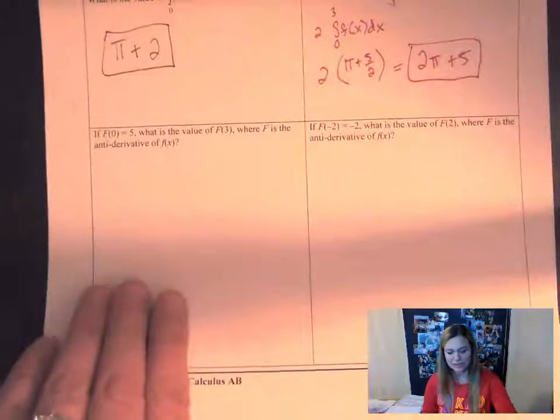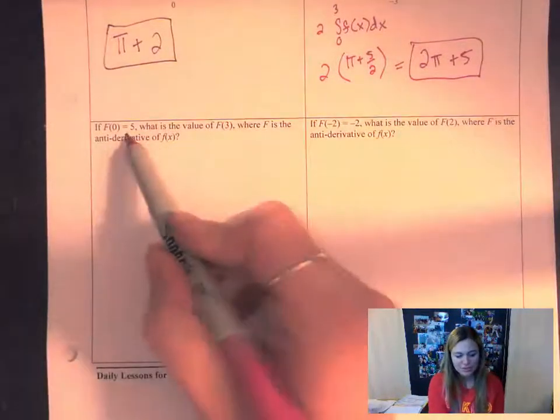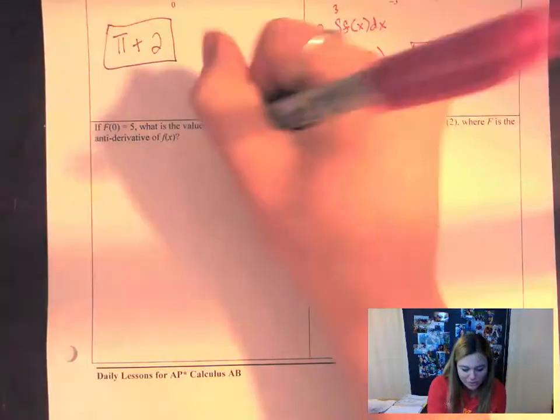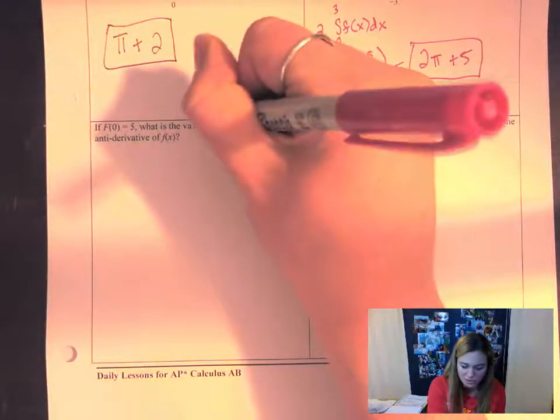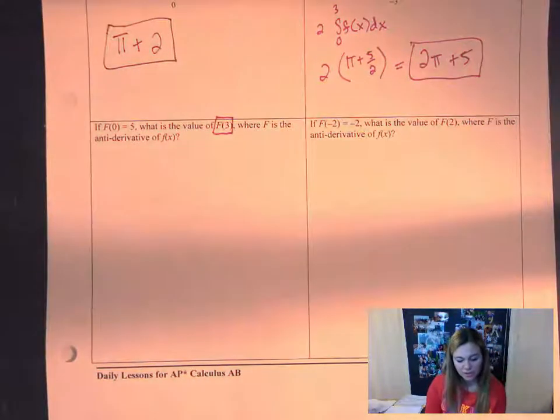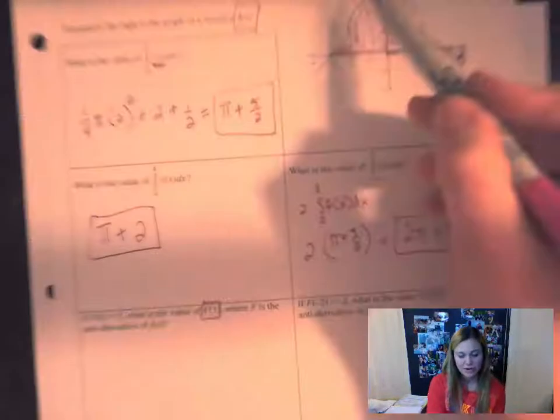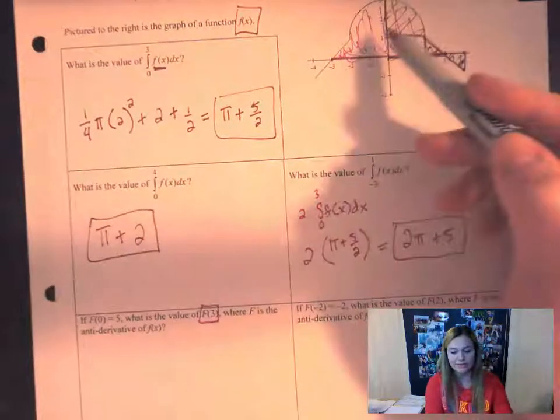Okay, 2 more. So switching gears though, this one says if capital F of 0 is equal to 5, capital F of 0, that's antiderivative language there, what is the value of F of 3? Oh, these are such good test questions, where capital F is the antiderivative of lowercase f of x. The only thing I have here is lowercase f of x.